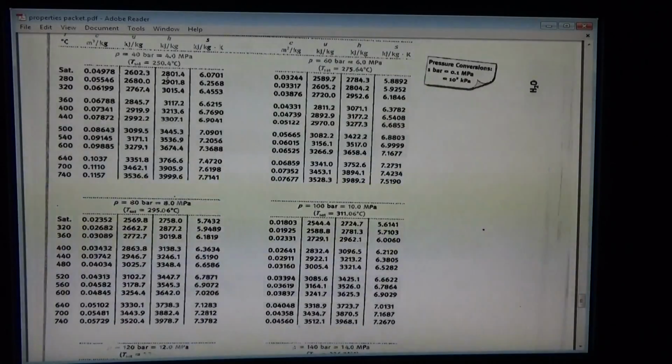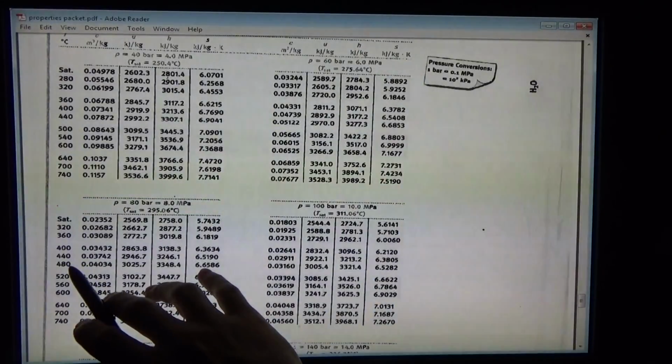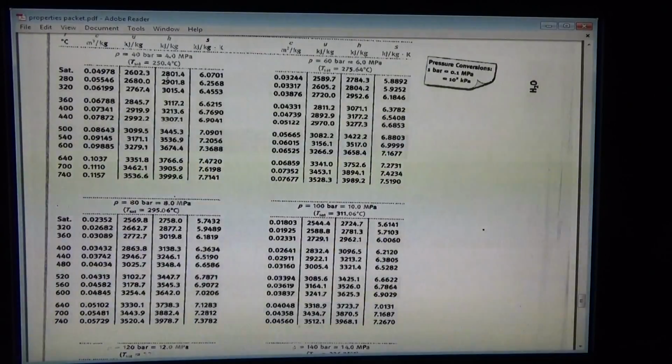We also need to get S at 80 bar and 450 through interpolation. So for that one, we're going to have also 440, 450, 500. So for 80 bar and 440, actually this one we're going to be interpolating at 480, not 500.